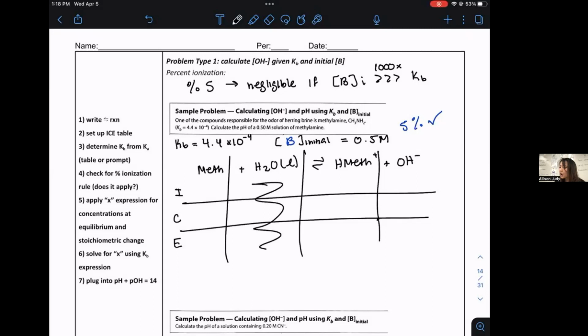And so what we know from our problem is we have an initial base amount of 0.5 and we have a Kb of 4.4 times 10 to the negative fourth. So initially we have no ions, but we know stoichiometrically speaking, the change should be positive x. This is a monohydroxide base, okay? So whatever the change is, it's going to be a 1-to-1 ratio of change, okay?